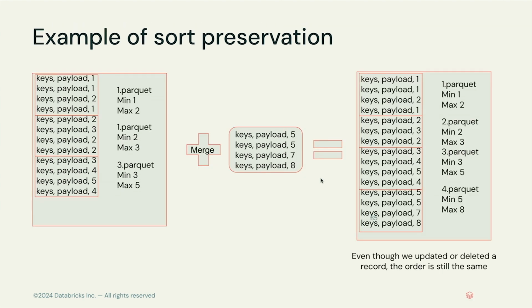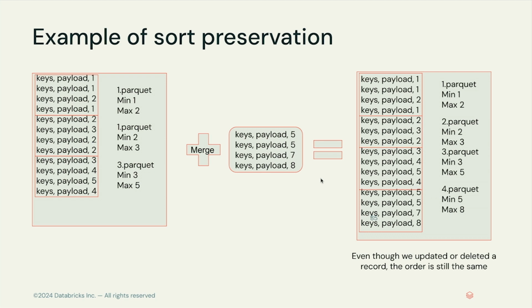So what does that really mean? What is sort preservation? Basically, when you do any sort of DML command, you take in this base table, you do some updates, some changes. You want to make sure that the data looks like it did when you started. In this example, we have 3 files already in there, 1 duplicate.